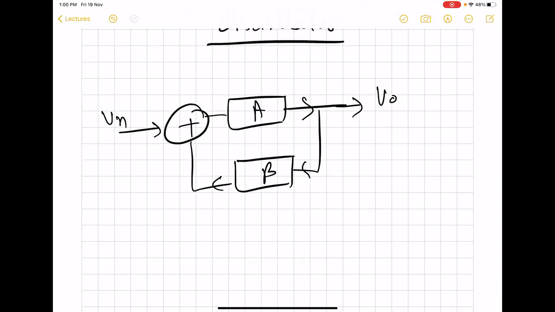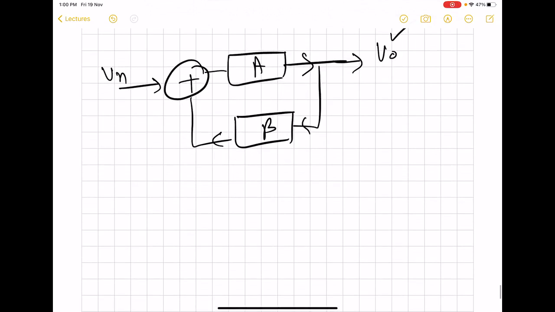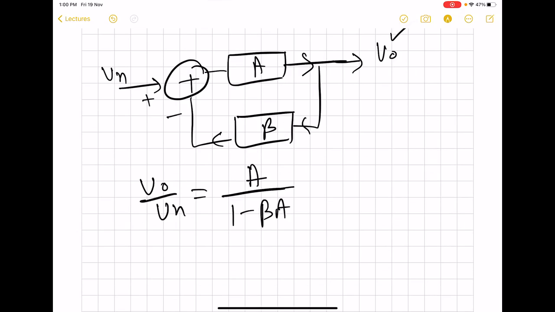Then we want to know what will be the output with respect to this noisy input. So here we are going to find out the transfer function, which we had already derived. This one will be of the form A divided by 1 minus beta A, where in general all these are going to be frequency dependent.